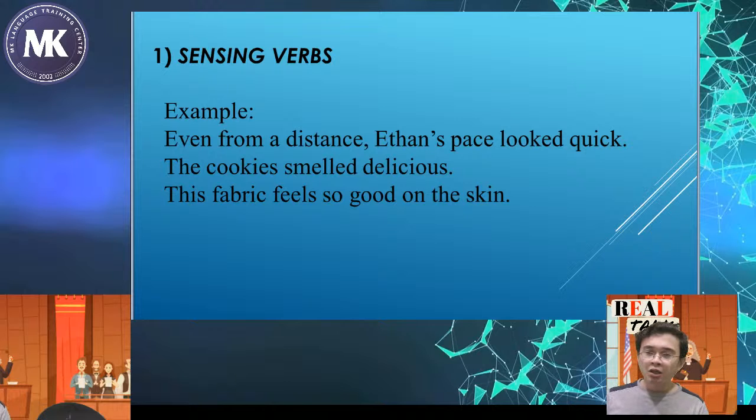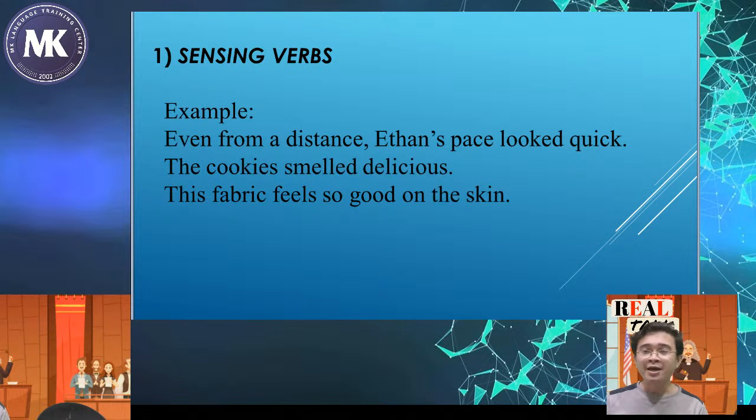And the cookies smelled delicious. The verb here is smelled, and it is connected with our sense of smell, using our nose. So somehow it's connected there. That's why we use these sensing verbs.